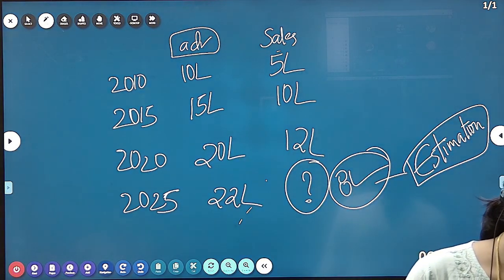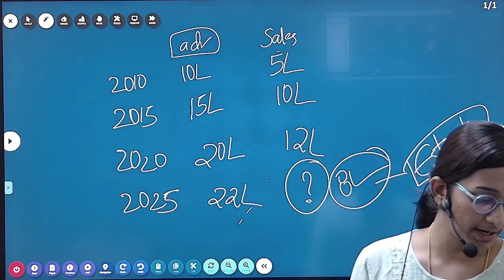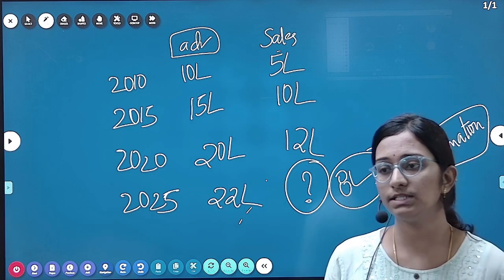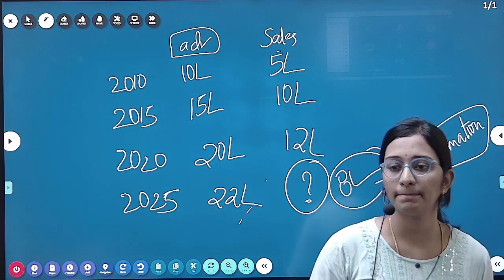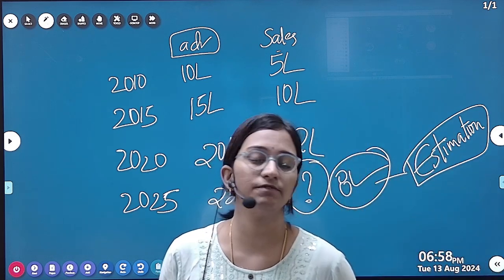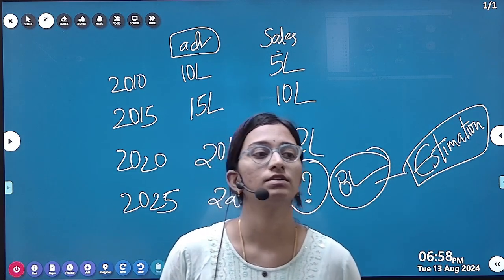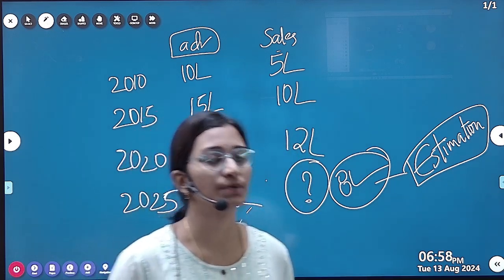Next, in operation planning, what is the topic? Demand and forecasting. What is demand? Desire of the customer to purchase something and the ability to pay for it. Forecasting is an estimation of the future.